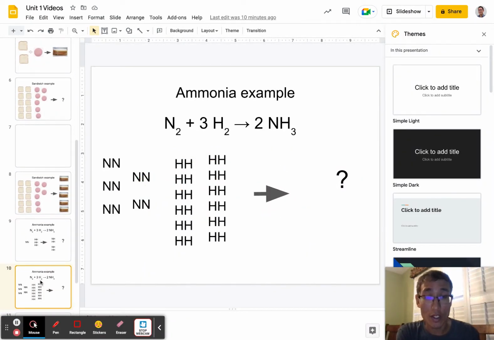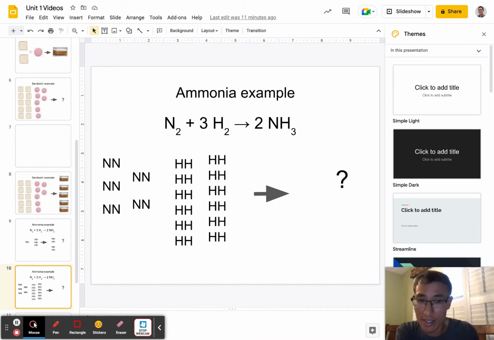So now, if I look at my starting amounts, let's say I have 5 molecules of nitrogen and I have 12 molecules of hydrogen. Which one am I going to run out of first? So which is my limiting reactant?